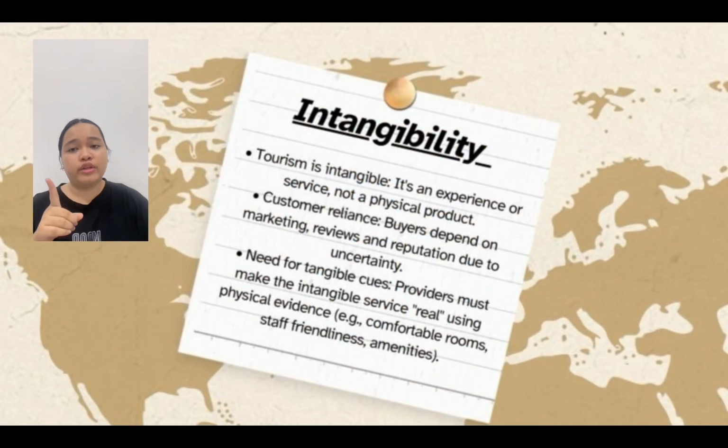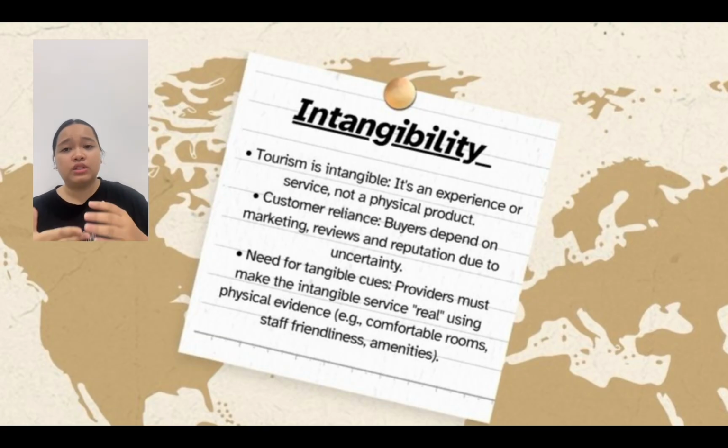The first one is intangibility. Tourism is primarily an experience or service, not a tangible product that can be touched or owned. Travelers cannot see or taste a vacation before they purchase it. Instead, they rely on advertising, reviews, and reputations to make their decisions.